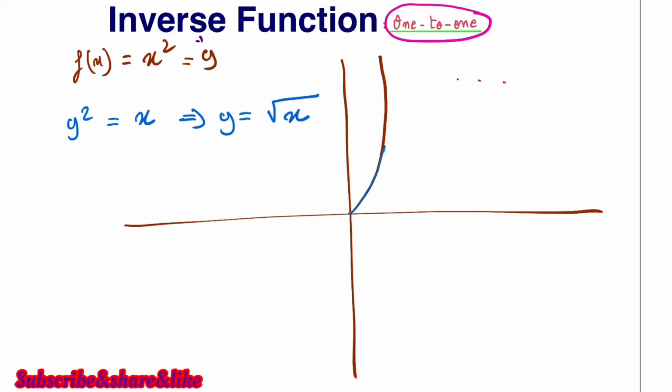So this is x squared, and this is the square root of x, and they both pass through 1 here. So it's going to be something like this.